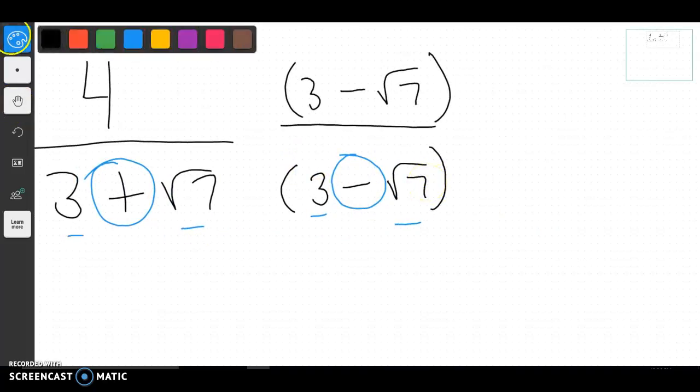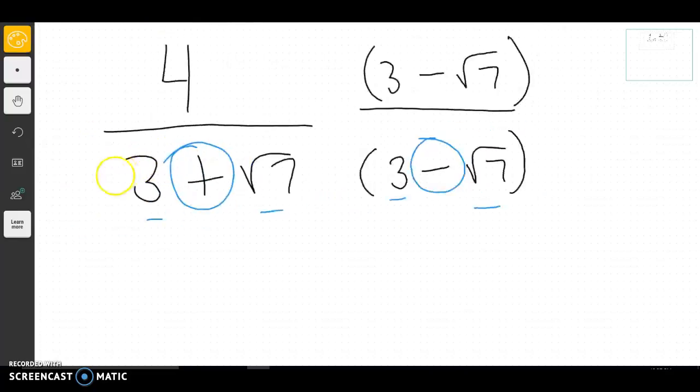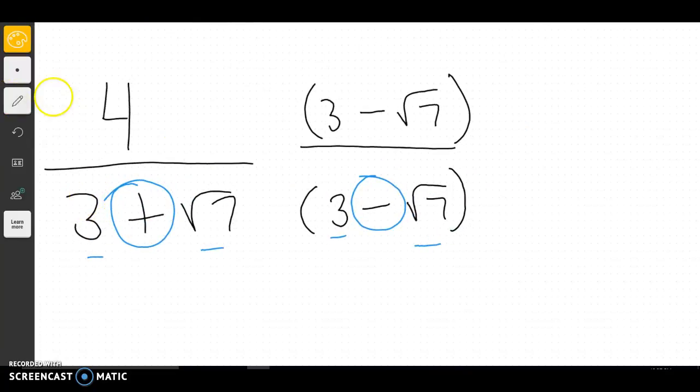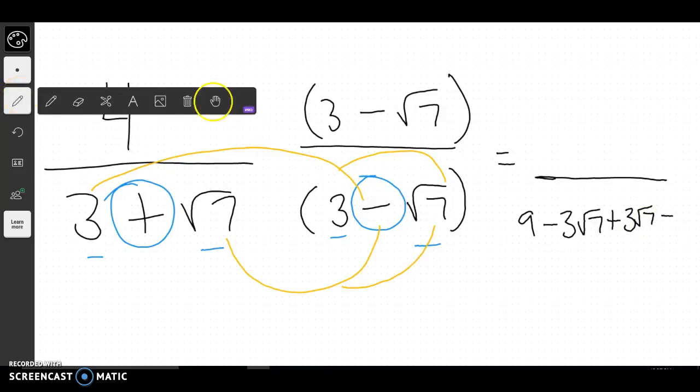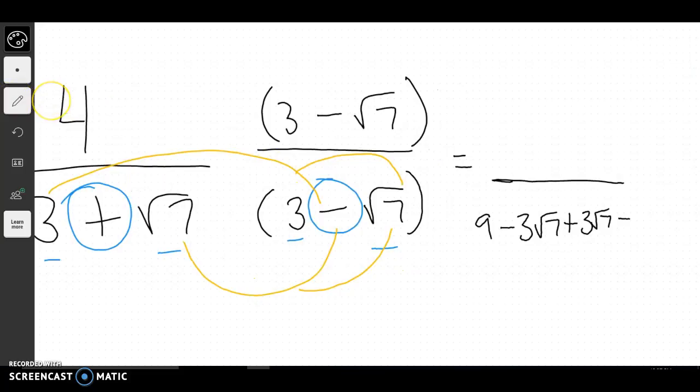Well, again, this is going to act like distribution, so the 3 is going to go to the 3, and the 3 is going to go to the 7, and the 7 is going to go to the 3, and the 7 is going to go to the radical 7. So what I end up with on the bottom is 9 minus 3 radical 7 plus 3 radical 7 minus radical 49.